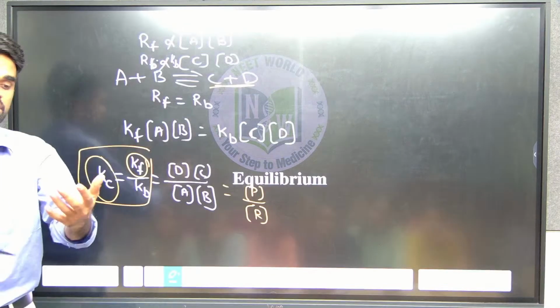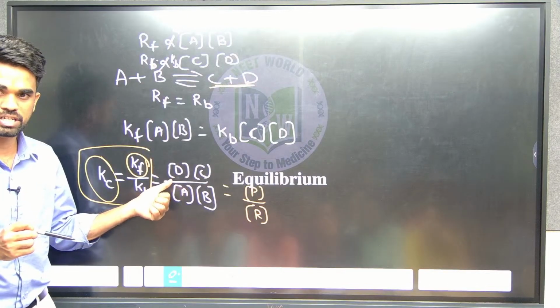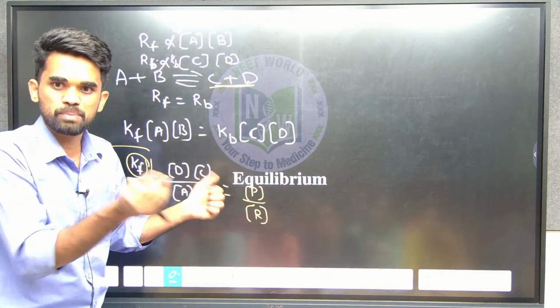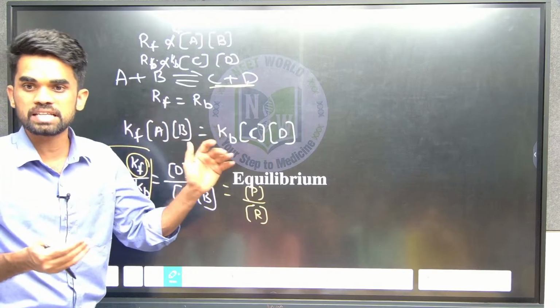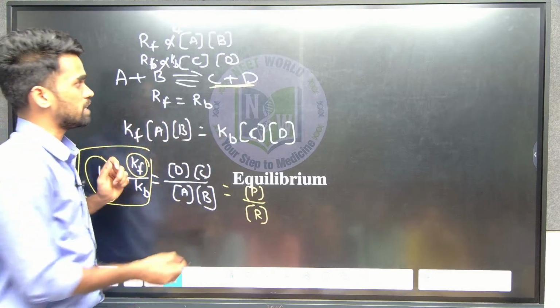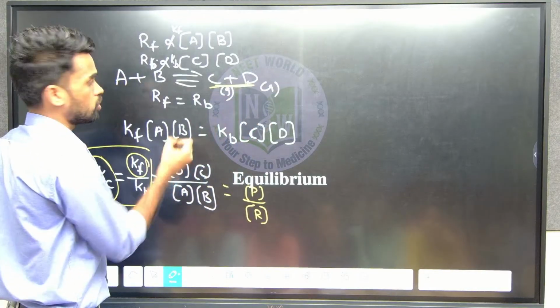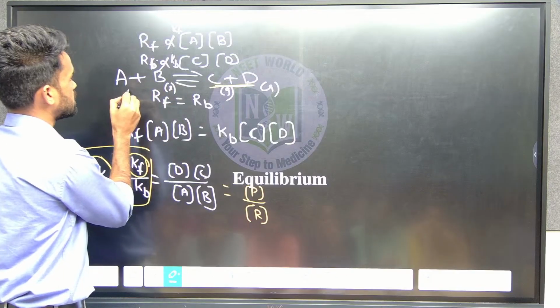Relation between Kp and Kc. Instead of expressing in molar concentration terms, I can also express in terms of partial pressures. We use partial pressures if the reaction involves gaseous reactants and products. For example, if this is a gas, this is also a gas, and let us say this is a liquid and this is a solid.